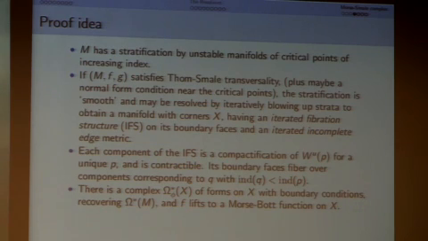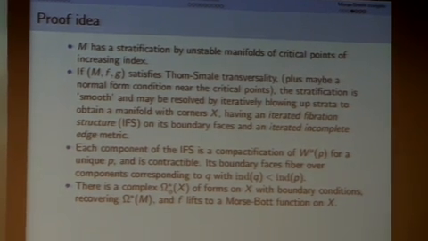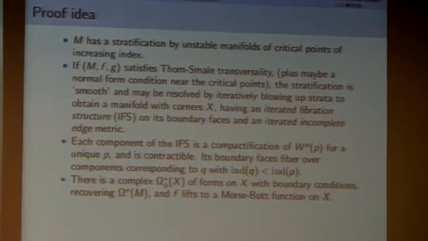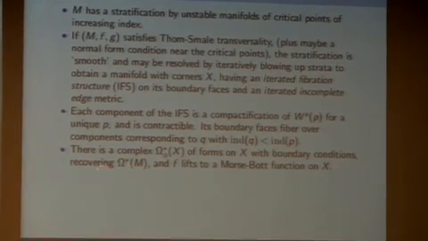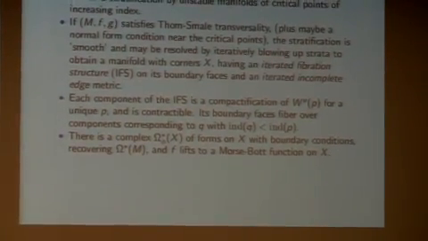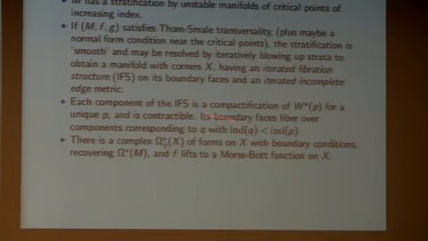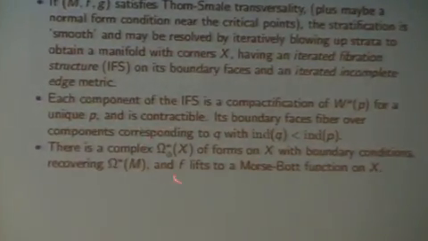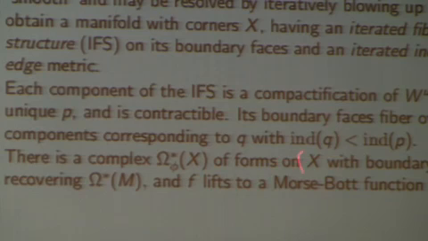So there's a complex of forms on this blown-up manifold with boundary conditions that essentially recover the original complex of forms on M. It's essentially just the data that you can put on this that says that I blew up M to get here. And we claim that f lifts to a Morse-Bott function.